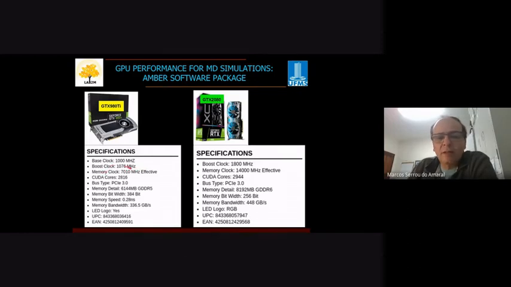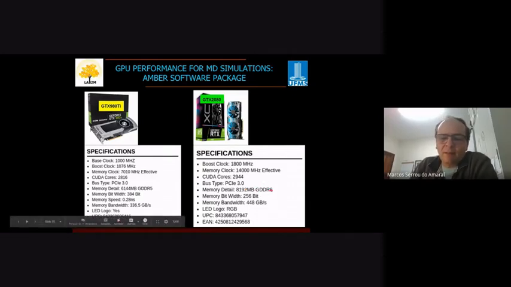The boost clock, I have no idea what that is, but the frequency here is high. The memory clock is also, wow, double here. CUDA cores are almost the same. And you have different memory, not only in size but in type, 5 and 6. And you have more information here.